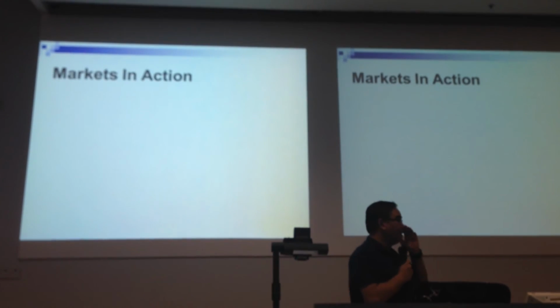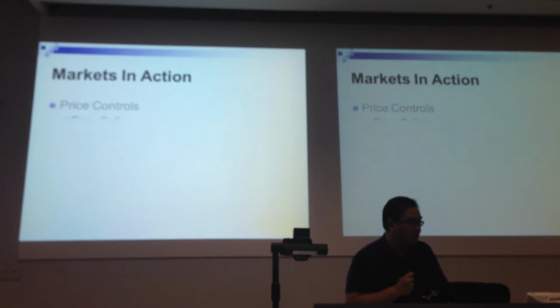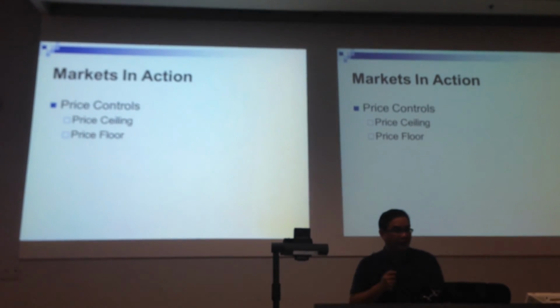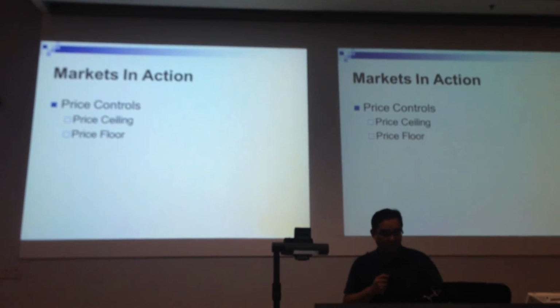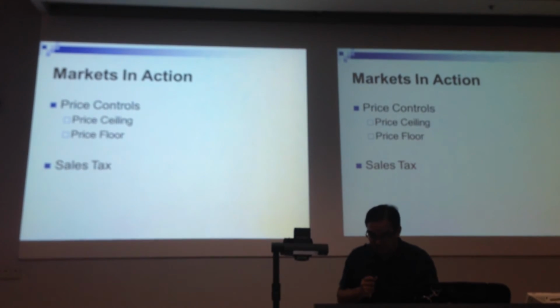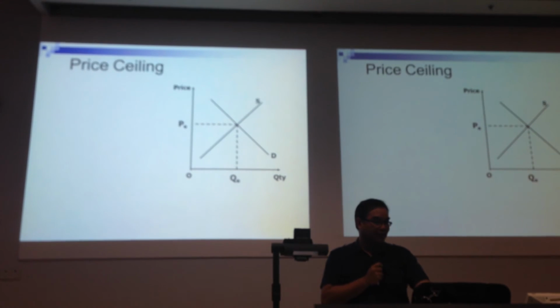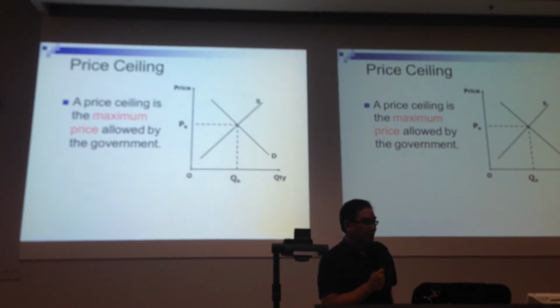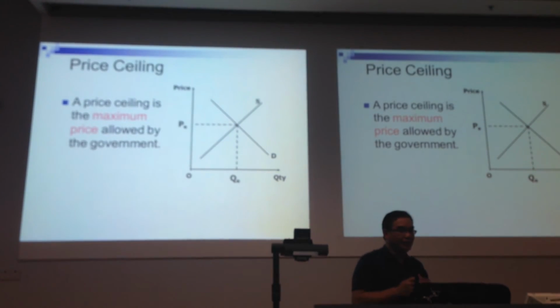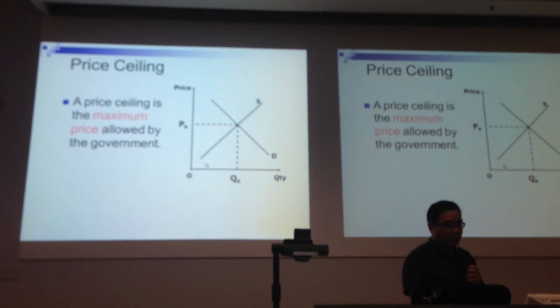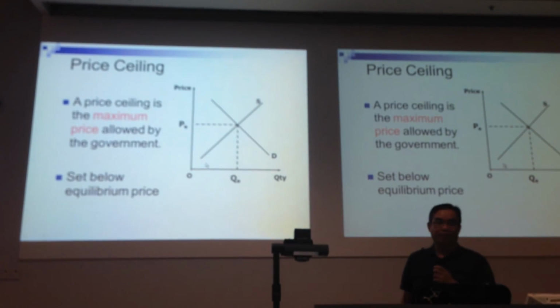So in the next topic, markets in action, we learned about price controls, price ceilings and price floors, as well as the effects of a sales tax. So very quickly, just to review, a price ceiling is the maximum price allowed by the government, and to be effective, it must be set below the equilibrium price.